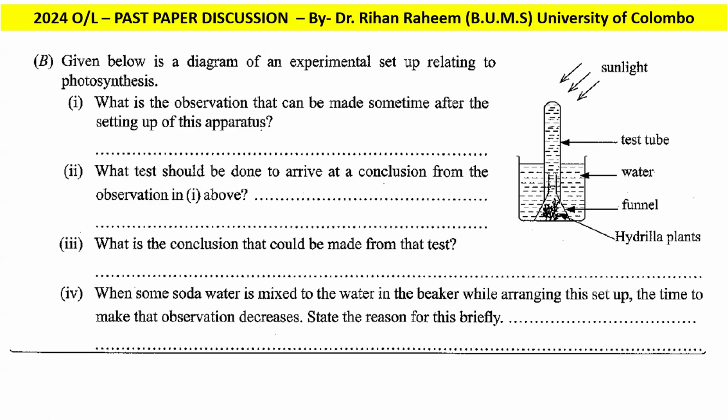Sometimes after the setting up of this apparatus, we will be able to see air bubbles moving up, or else gas getting collected in test tube. So what will happen? The water will be pushed down and the gases will be getting collected. What is that method of collection known as? Downward displacement of water. What test should be done to arrive on a conclusion from the observation in 1 above?